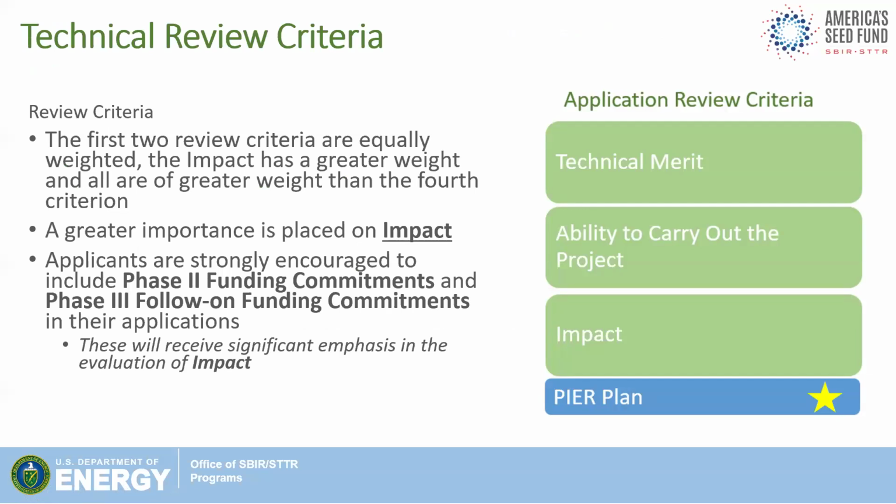For the Phase 2B award, the impact is of greater weight. We put more consideration on the impact because you're supposedly moving now more closely to commercialization. So it makes sense that we could take the commercialization plan and the technology impact into consideration, and we weight it more heavily for the Phase 2B awards.